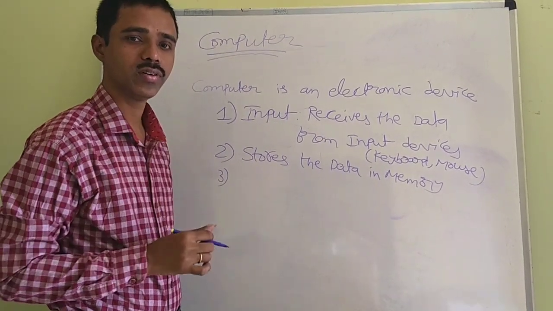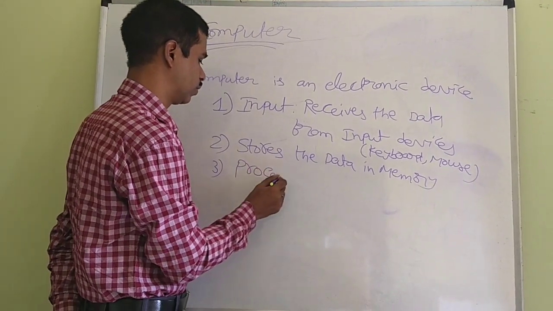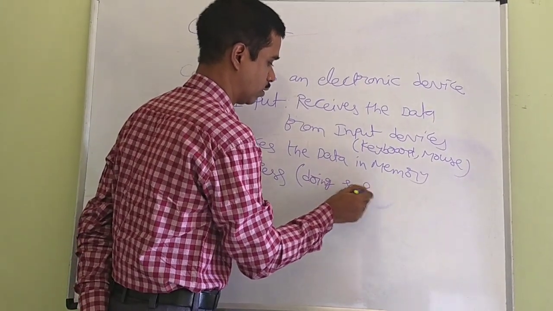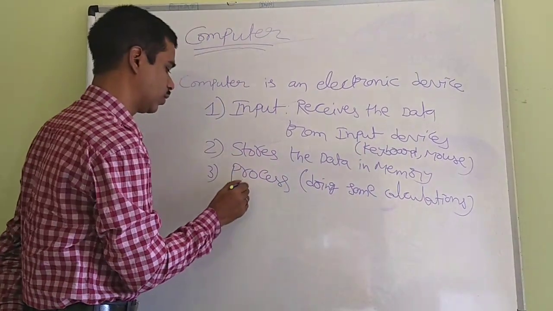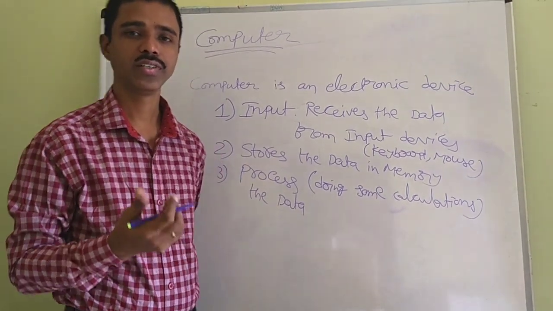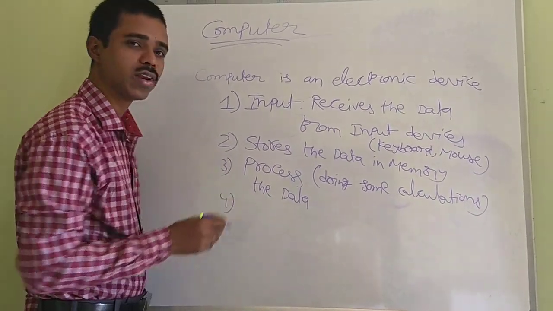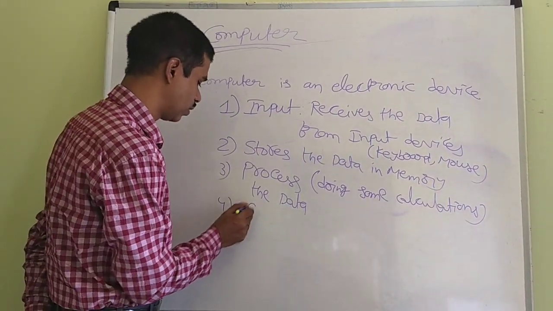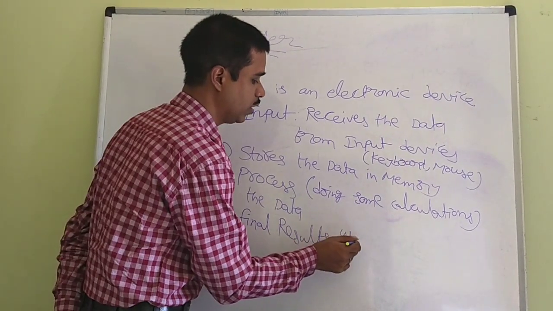Making calculations is called process. Finally, the results we are expecting from the computer are the output. The final results will be displayed on the output screen like a monitor.